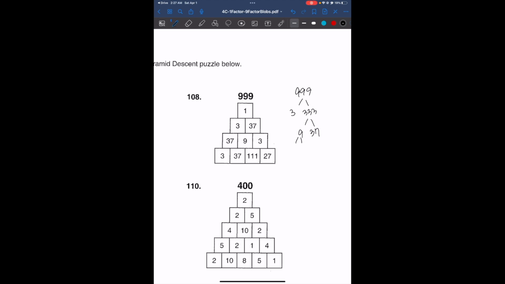So what we have here is 999 equals 3 to the power of 3 times 37. And so that means that we must use 37 here. And then 9 can be expressed as 3 times 3. 27 is 3 times 3 times 3. And so the path that we should take is this path, where we use 3 twice and 37 once.